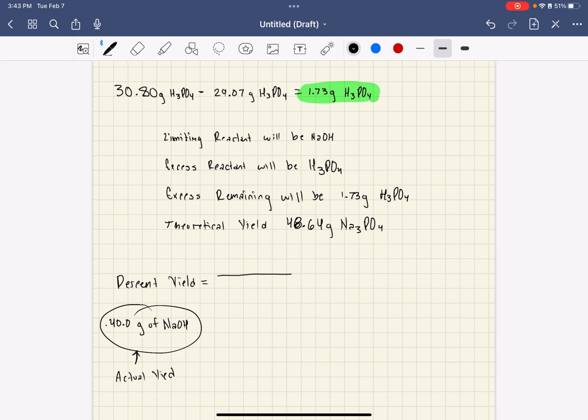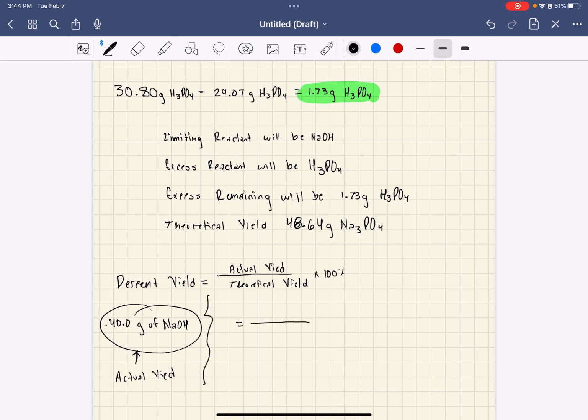So the formula for the percent yield will be actual yield over theoretical yield times 100%. Based on what we have, all that we need is to plug into our formula.